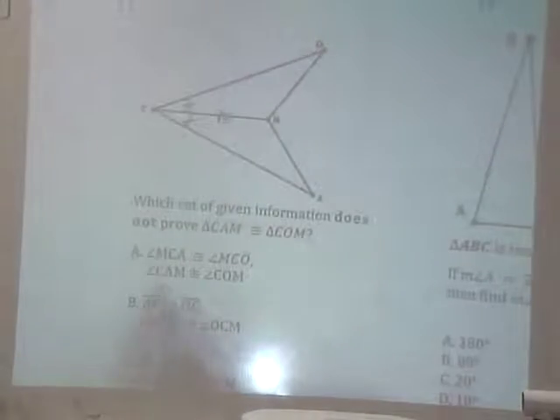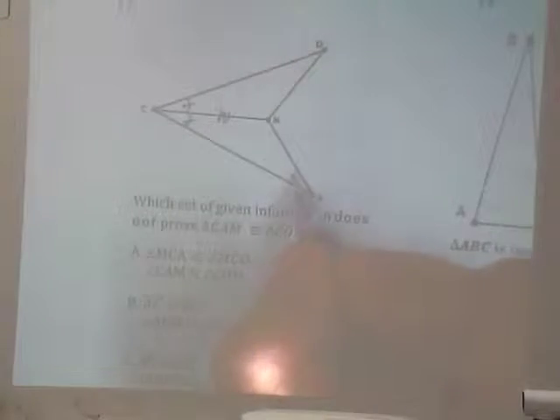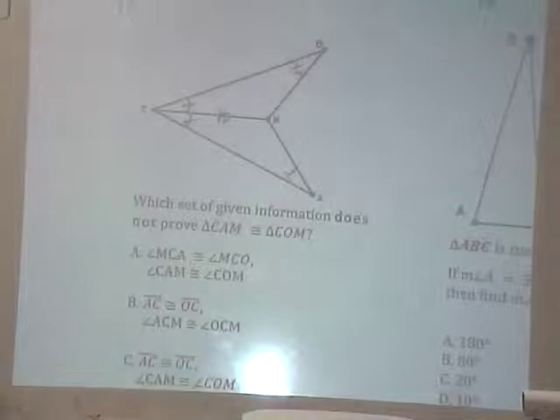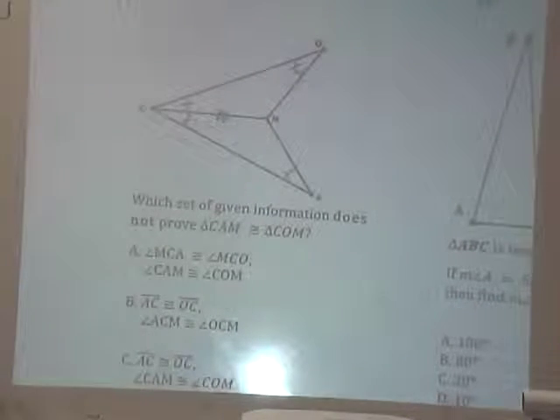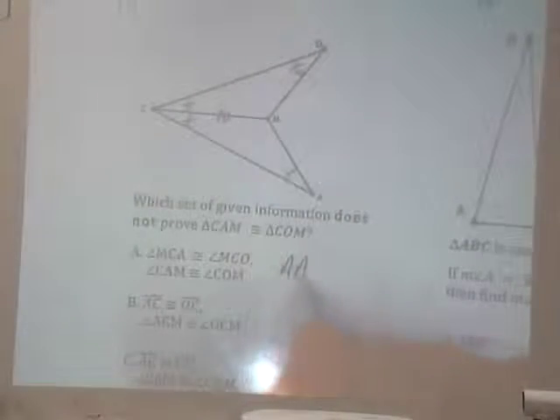And then angle CAM, this one down here, is congruent to COM, this one up here. So can I prove the two triangles congruent with that? Got to be one of those 5. Which one would it be? Angle, angle, side. Look at one of the triangles. Angle, angle, then a side. So this one is the angle, angle, side. This one's okay.